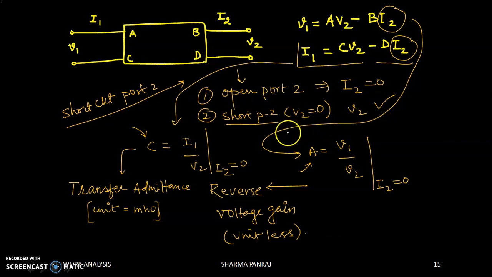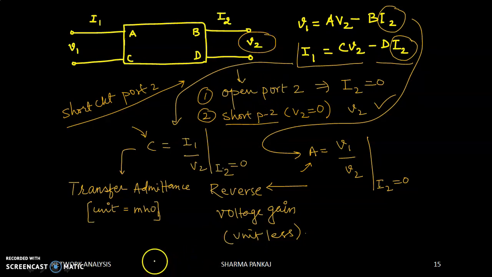Whenever we are shorting something, the voltage of that shorted path will be 0, but the current will be high. But we are not actually required to calculate the amount of current here. So now we have short circuited port number 2, that is V2 is equal to 0.